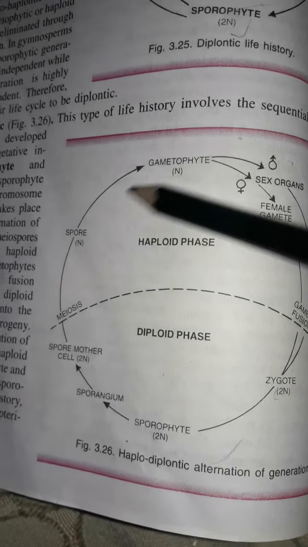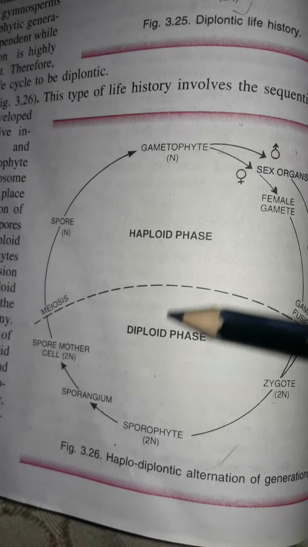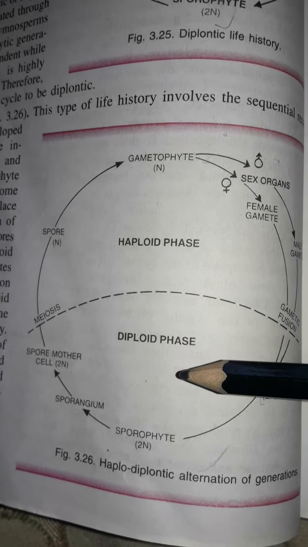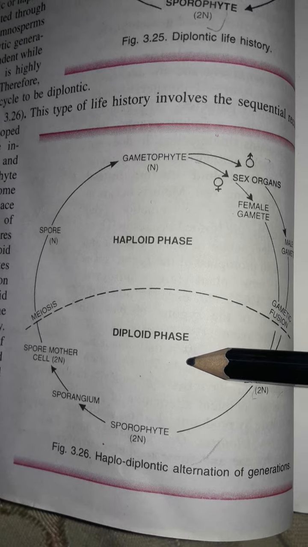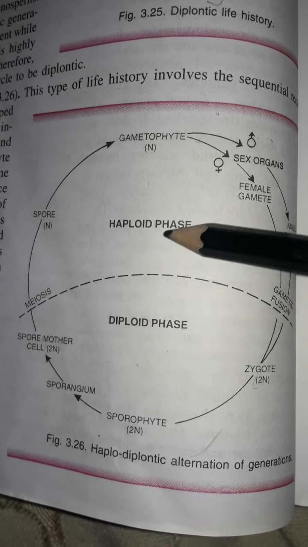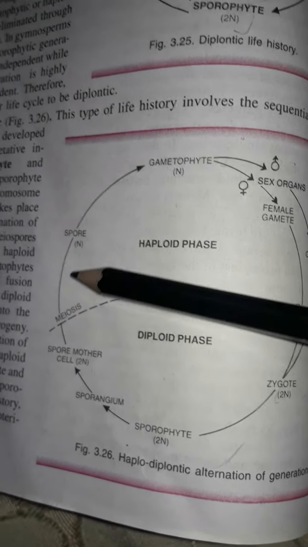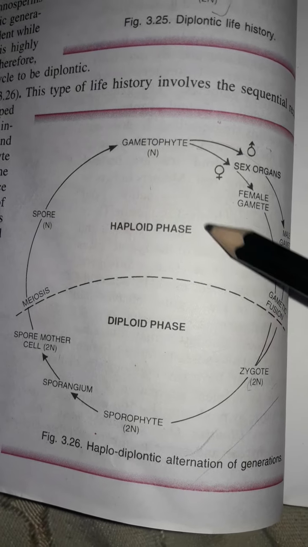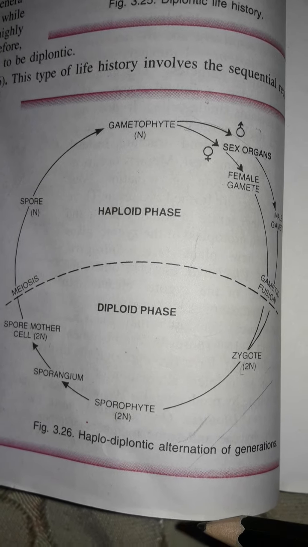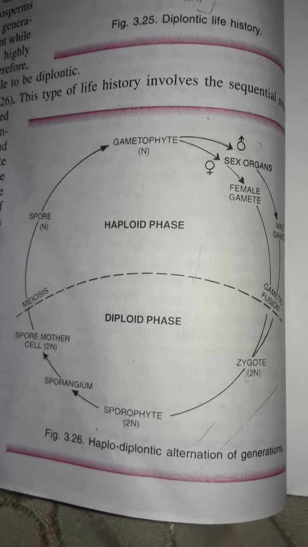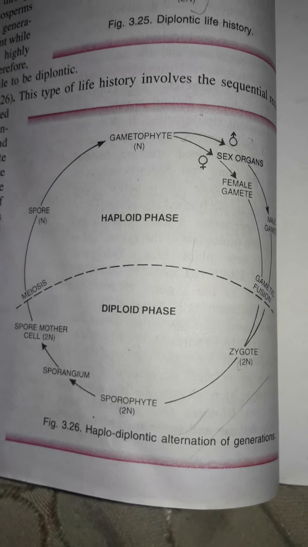That means spores are formed which will germinate into the gametophyte. So haploid and diploid phases alternate with one another, and the life cycle possesses both the phases. That's why this particular alternation of generation is known as haplodiplontic alternation of generation.